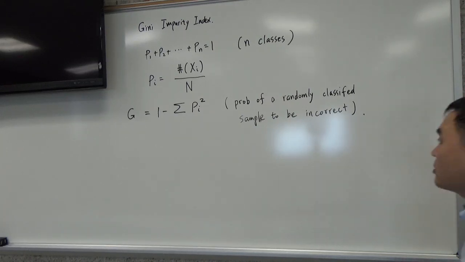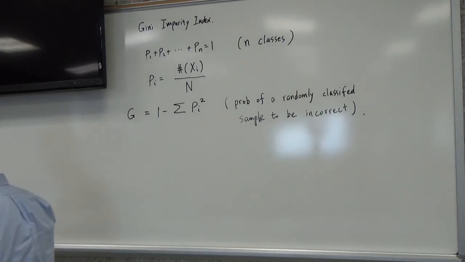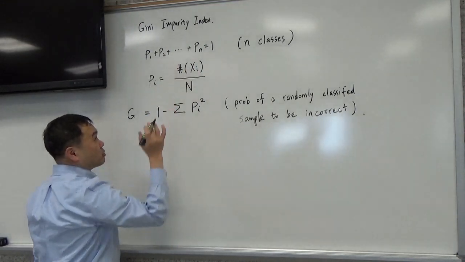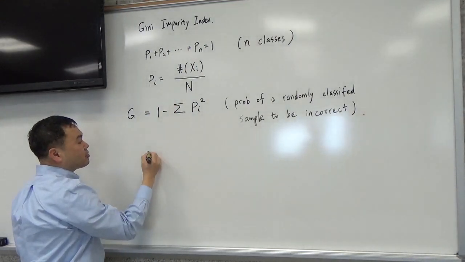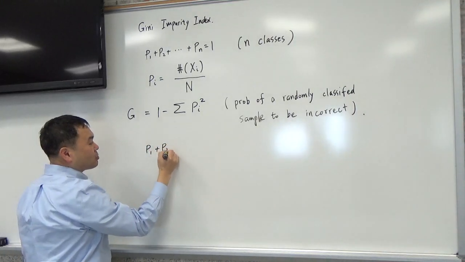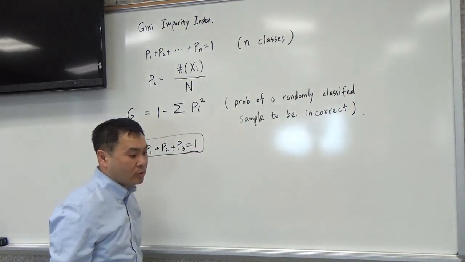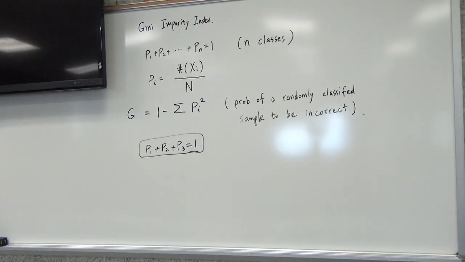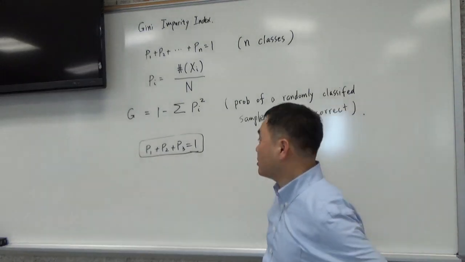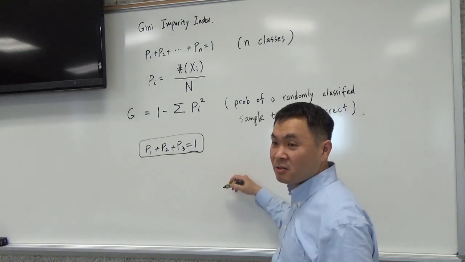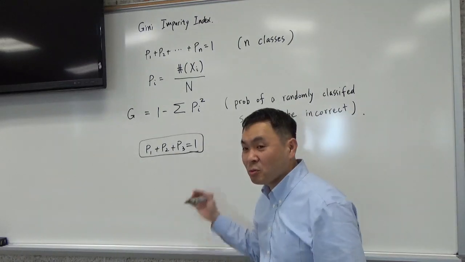Okay, so let's see why this makes sense. First of all, let's just think about three cases, three classes, so you have P1 plus P2 plus P3. Let's talk about taking a random sample, and let's just say this is sample 1. You just randomly place it.